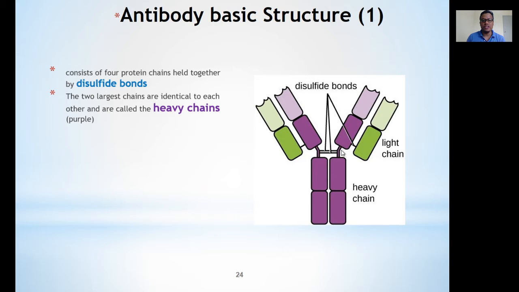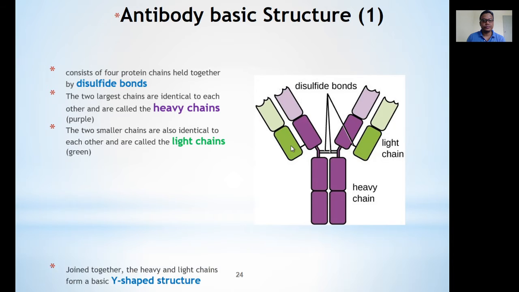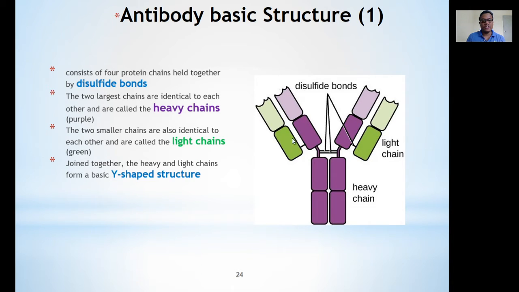The 2 smaller chains are also identical to each other and are called the light chains, the green part. The heavy and the light chains are joined together to form a basic Y structure. This is a typical structure of an antibody.